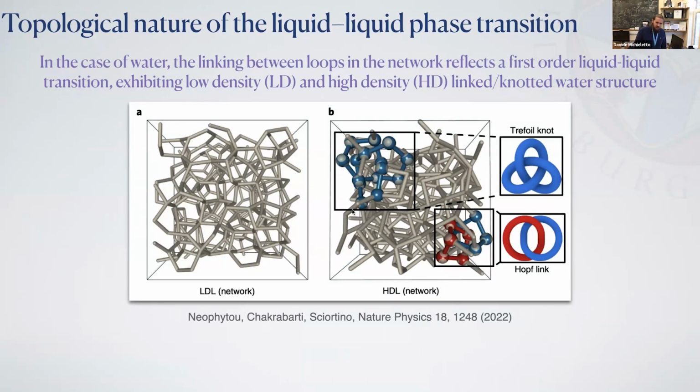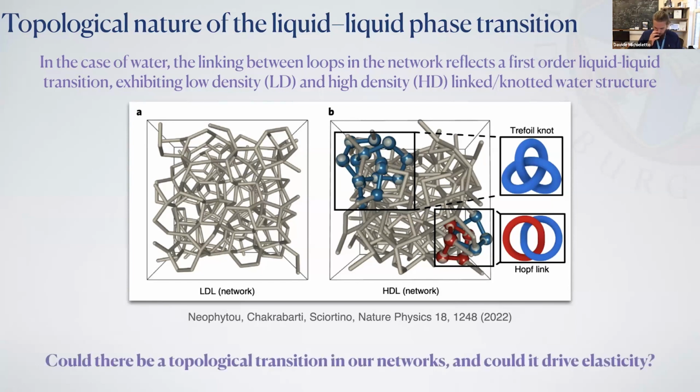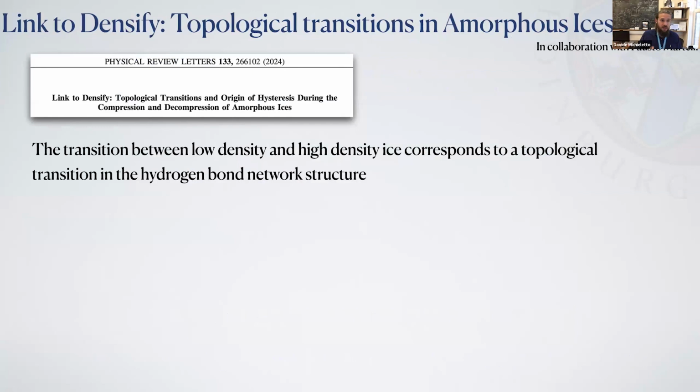We started to see an analogy here, because in some sense our simulations are a macroscopic analogy of the simulations that Francesco Sciortino was doing. So we partnered up with Fausto Martelli at IBM in Bristol, and he had a lot of simulations of amorphous ices.